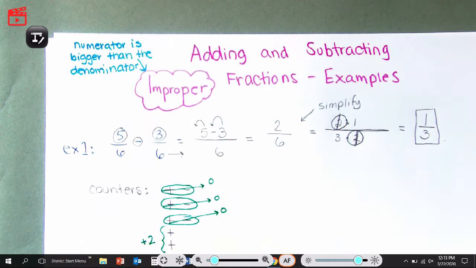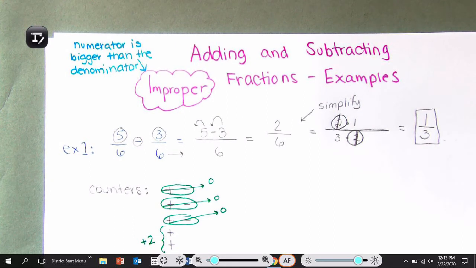And I don't mean how you write it. We're not talking about writing a number size-wise that's large. We're talking about the value of the number. So 1 is smaller than 3, so it is not an improper fraction, it's a regular fraction.